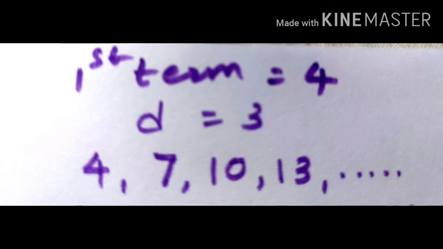Here the first term is 4 and the common difference D is 3. So we can write our AP: first term 4, then add 3 to it, we get 7, then again add 3, we get 10, add 3 again, we get 13, and so on. So this is the AP which they asked for in question number 9.